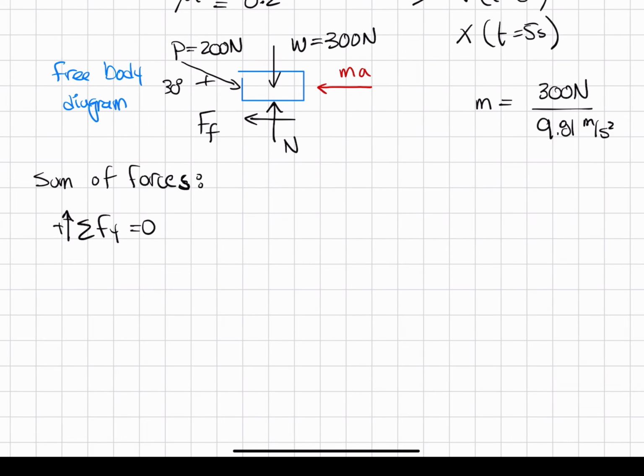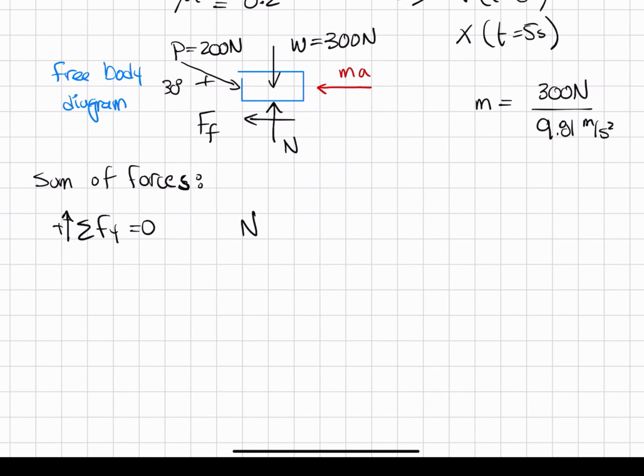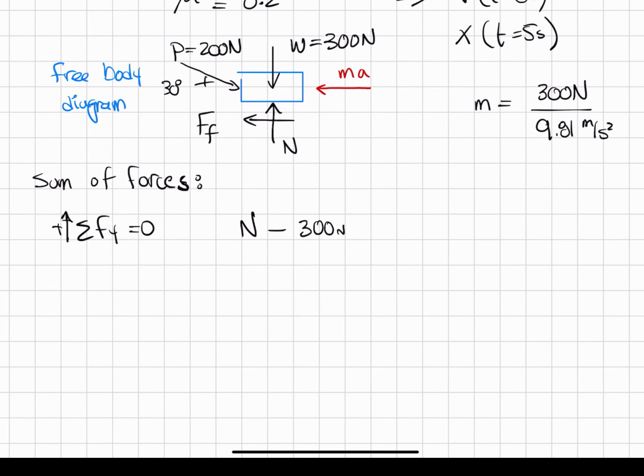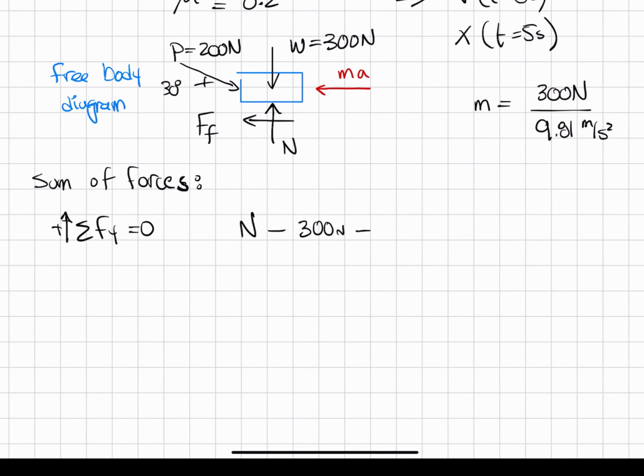So with that in mind, I'm going to sum all the forces. N is going to be facing upwards. W is facing downwards. So that's minus 300 newtons. And we have the vertical component of the external force, P. It's in the downwards direction, right?